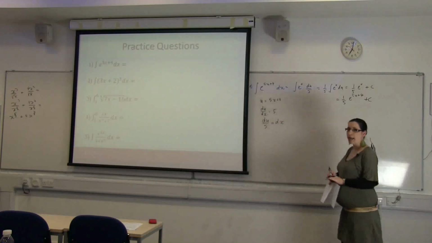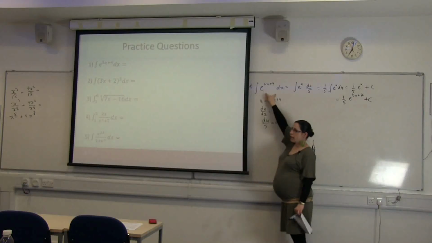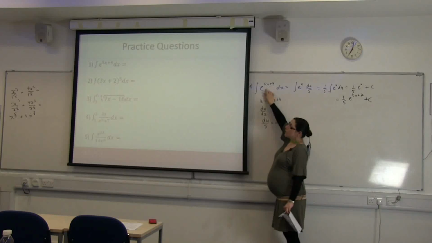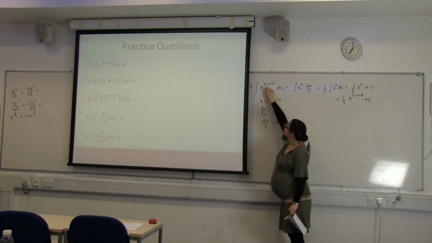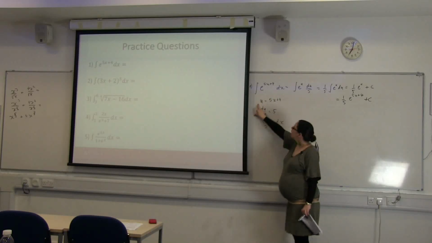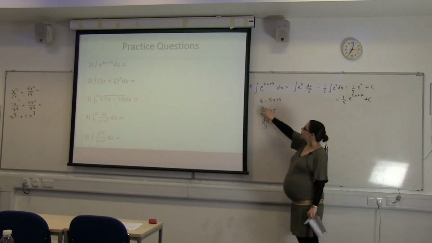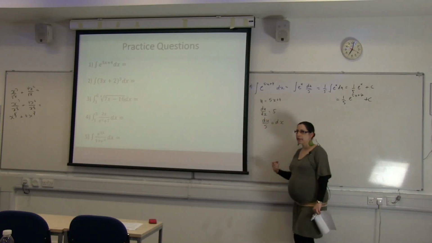Okay, so to summarize, you look at your function and you start to think about it. What would be the simpler version of it to integrate? Well, if there wasn't any complication in there, I would integrate it much easier. So, the 5x plus 4, I'm going to substitute to being u. And because I substituted u, I need to find now what dx is as a function of du.